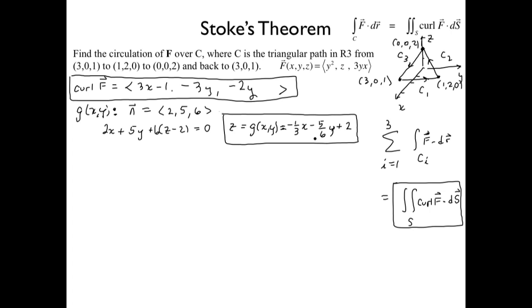Remember that? So when z is a function of x and y, this thing equals the double integral over D, which will be projected in the xy plane, of minus P times the partial with respect to x minus Q times the partial with respect to y plus R, dA.